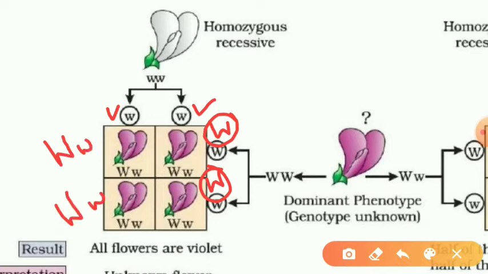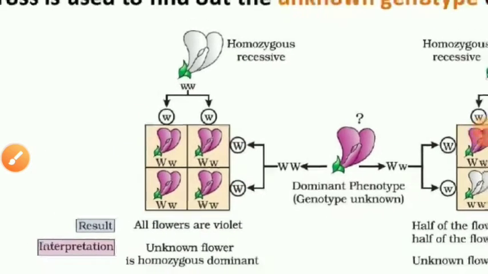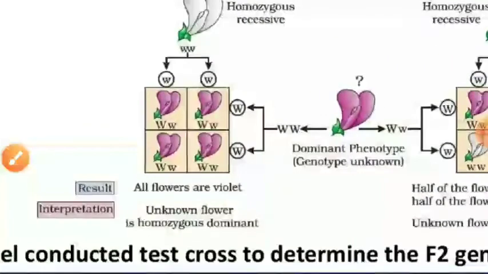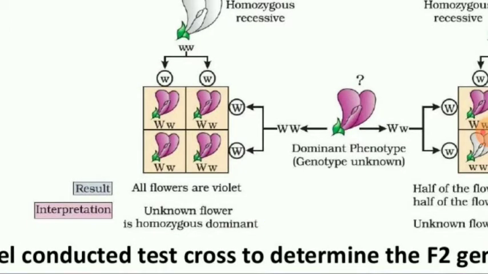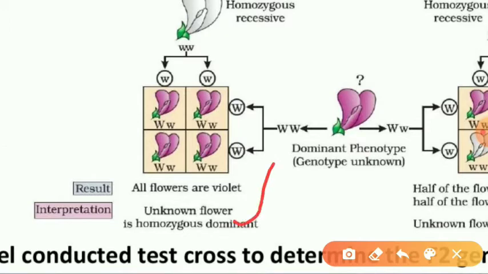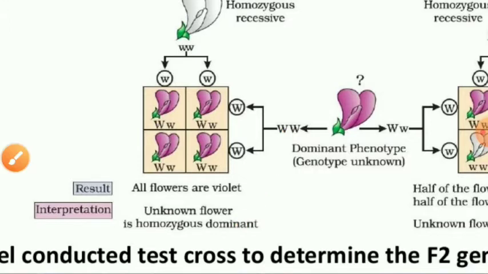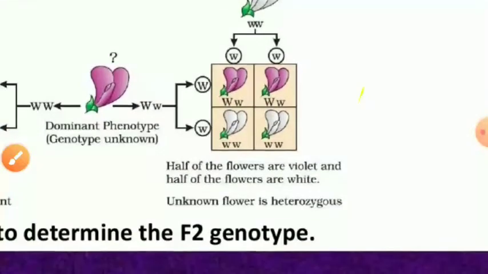See, all are violet. In this case, in the next generation, all plants or all flowers are violet. Now we can interpret that the unknown genotype is homozygous dominant, capital W capital W. Now what is the next case?